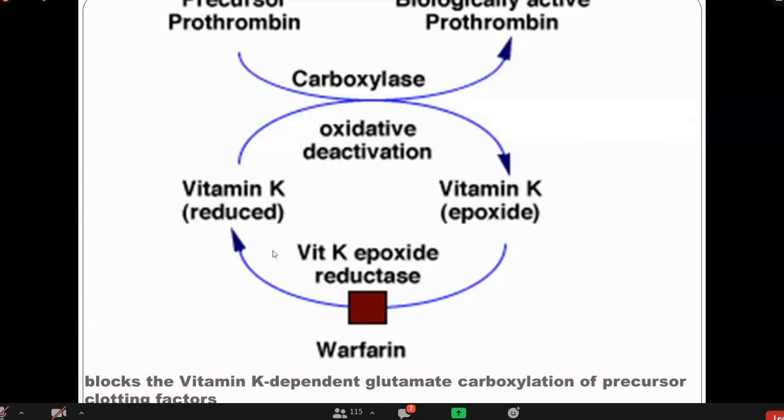So reduced vitamin K is not available, which is necessary for factors 2, 7, 9, 10. So warfarin blocks the vitamin K dependent glutamate carboxylation of precursor clotting factors. Now, this is the explanation.